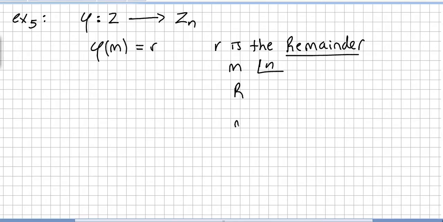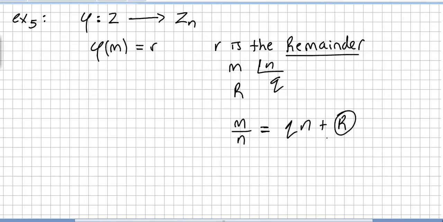So m divided by n, we will get q, so it will be qn plus r, the remainder.